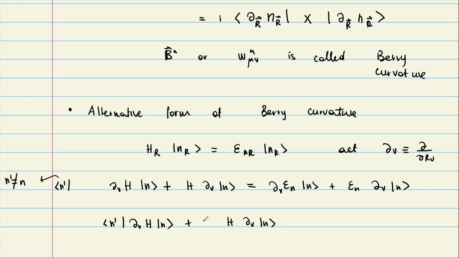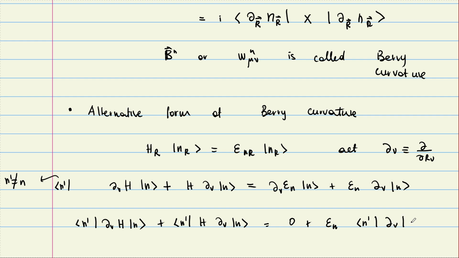So this thing, n prime del mu epsilon n, is equal to, so this is just a number. And when you take the product, the number just goes through, and since n prime and n are different, this is going to be 0, plus epsilon n times n prime del mu n.